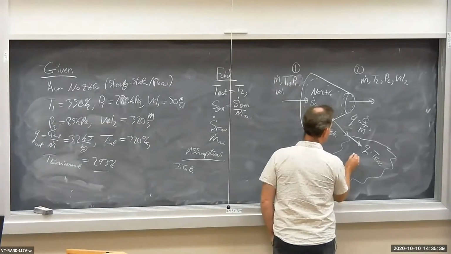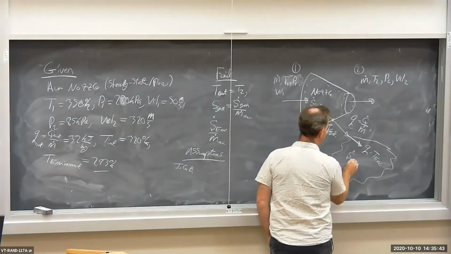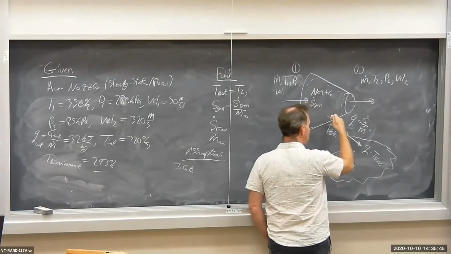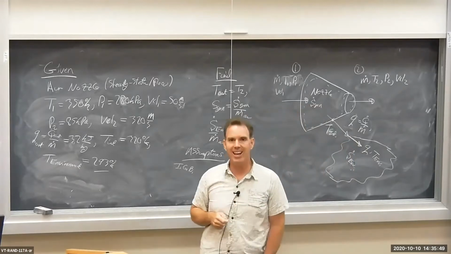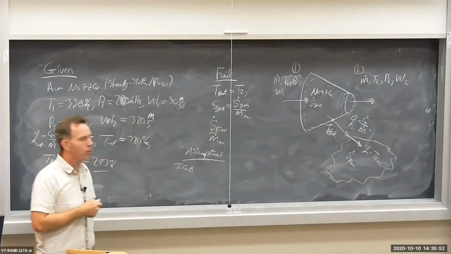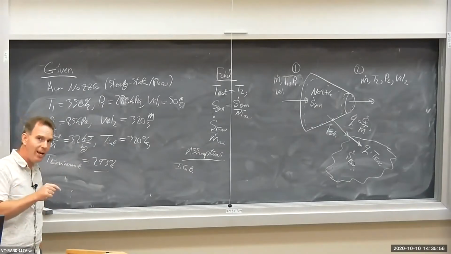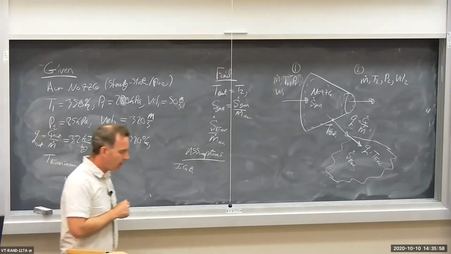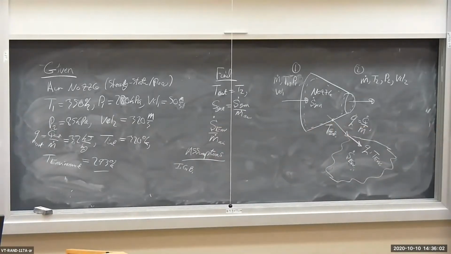Because we have heat flowing from the nozzle into the environment, it's going to be carrying entropy with it. So I want to know what the rate of change of entropy within the environment is, or the entropy transfer into the environment due to the heat interaction with the nozzle. That's what I'm interested in.